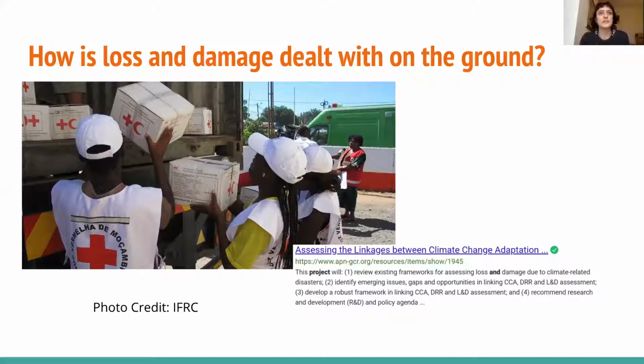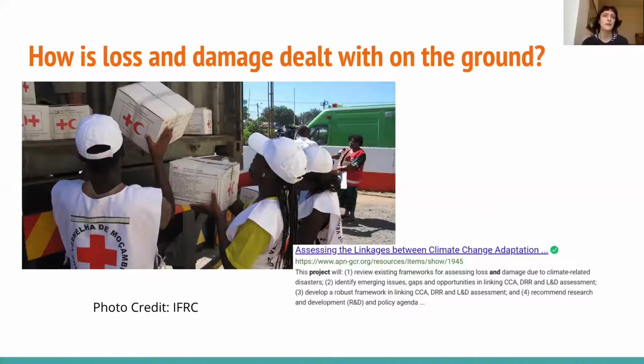Similarly, on the ground, there is some support from the climate adaptation side of things that goes toward loss and damage. For example, some adaptation projects have early warning systems built in, which are like emergency alert systems that would send you a text or get on the radio and tell people, okay, now it's time to evacuate, or now it's time to harvest your crops a week early because there's a disaster coming. These kinds of things are built into adaptation programs in a growing way, but still not to the extent that addresses the scale of the need.